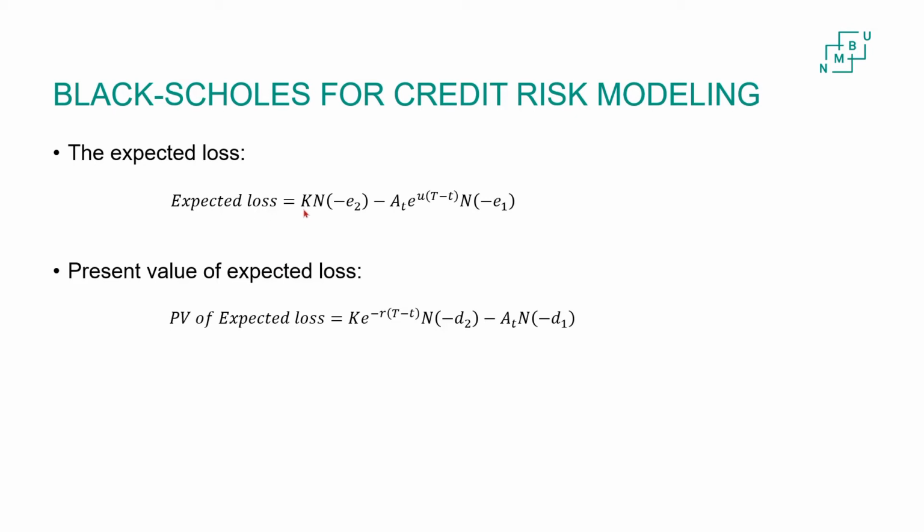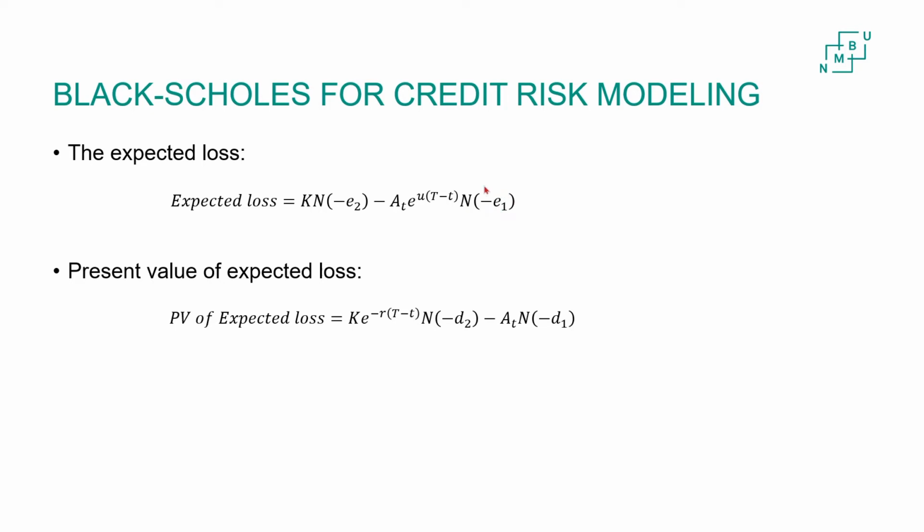So here you have the future value of debt at time capital T times the cumulative normal distribution of negative E2, the expression you saw at the previous page, less the asset value at time T times e to the real world drift of the assets times the time to maturity times the cumulative normal distribution given the value of negative E1.